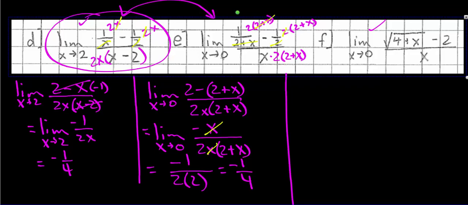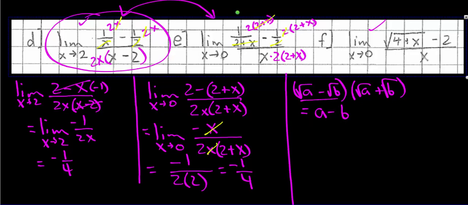Because if we multiply the square root of a minus the square root of b by the square root of a plus the square root of b, what we get is the first term squared minus the second term squared. And notice the radicals are gone. This is like a difference of squares factorization. When you multiply something by its conjugate like this, you get the first term squared minus the second term squared. So we do that here.